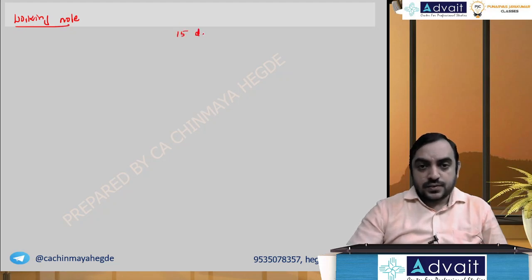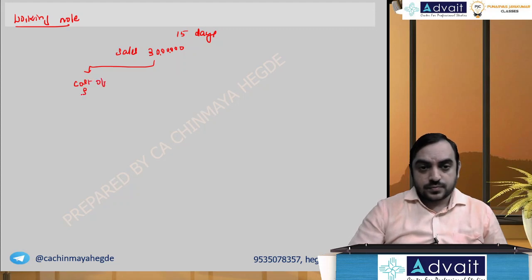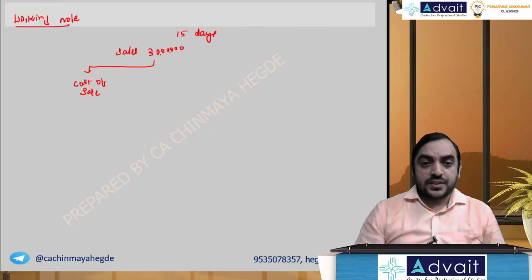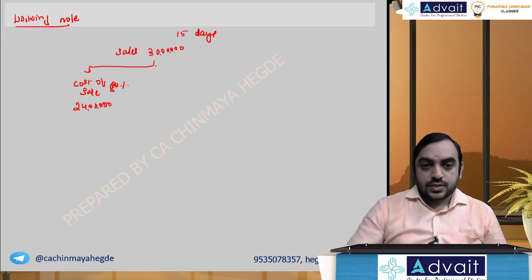So for 15 days, what is the sales given? 30 lakhs, which is made up of cost of sales. How much percentage? 80%. So 80% of 30 lakh means 24 lakh. So profit is the remaining 6 lakh.